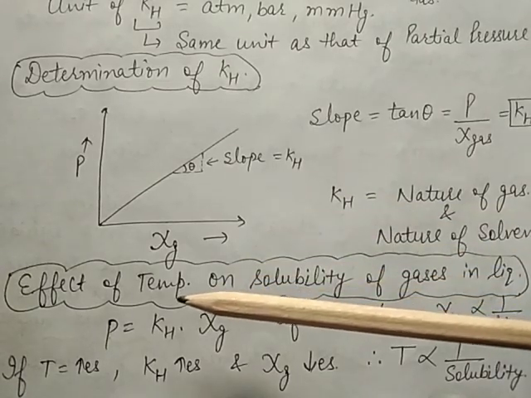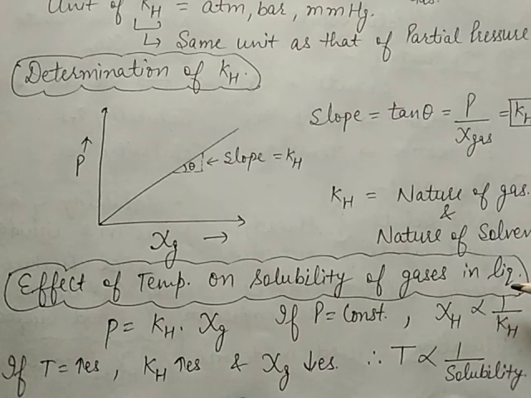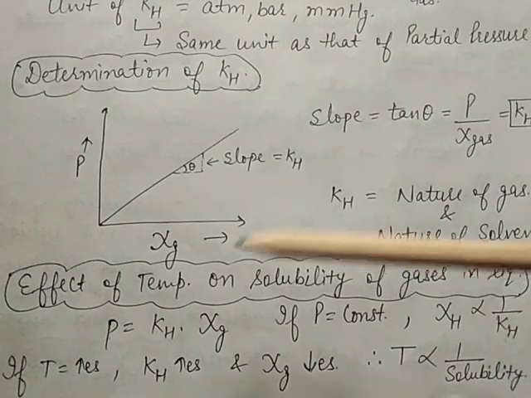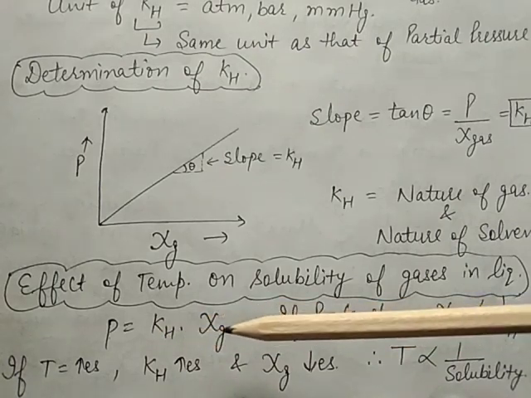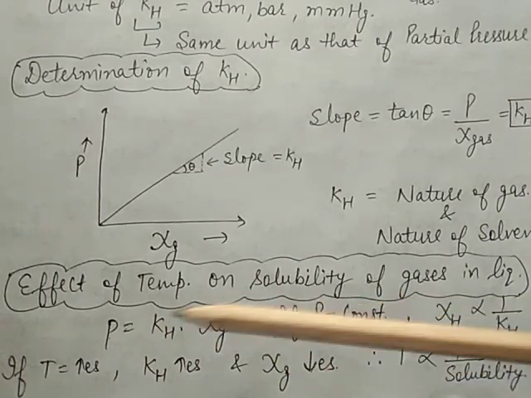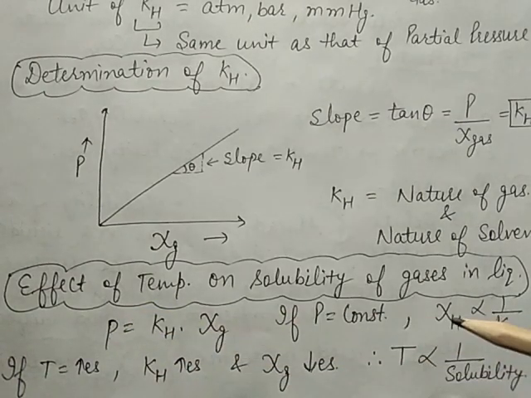Now what is the effect of temperature on the solubility of a gas in a liquid? This is the Henry law, P is equal to Kh into zeta. If pressure is constant, then zeta is inversely proportional to Kh.